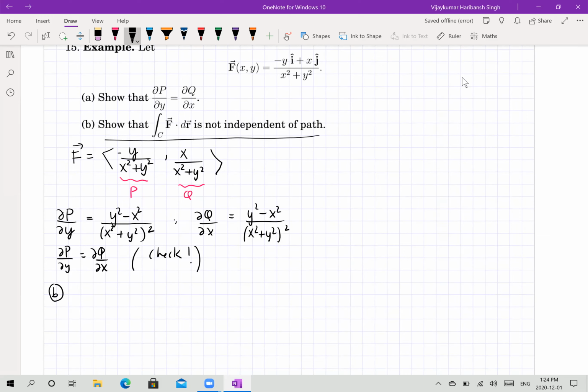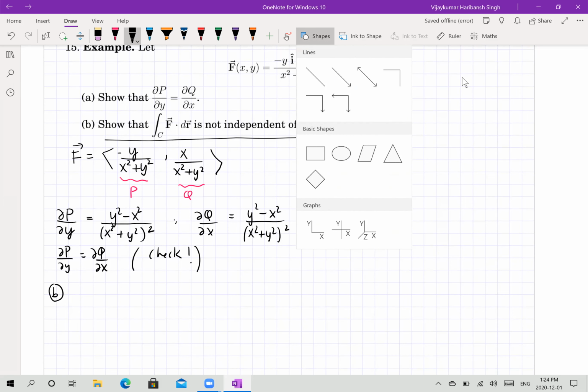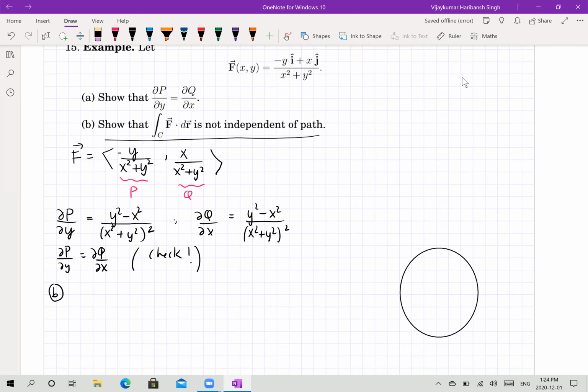And why is that? Let's take a circle, basically. So let's take the circle here. Now let's take the point 1, 0 to 0, 1, to minus 1, 0.